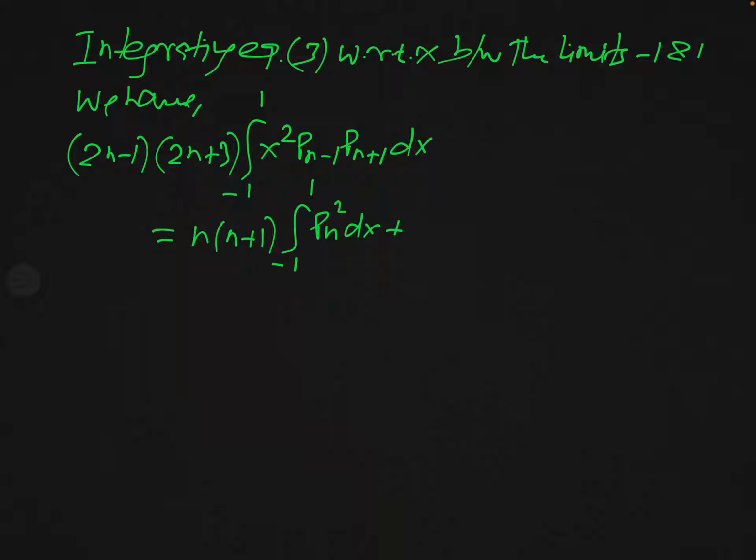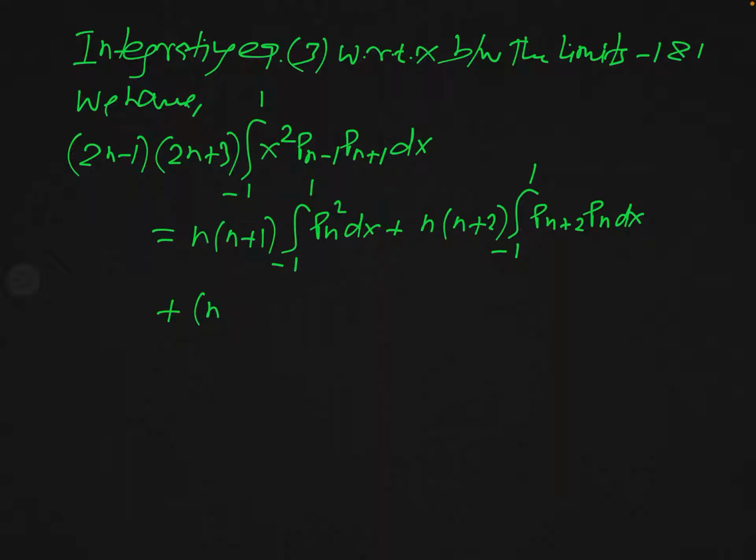This is in fact n into n plus 2, and this is a constant factor, and so this will be outside of the integral, and so this is integral minus 1 to plus 1 Pn plus 2 into Pn dx.